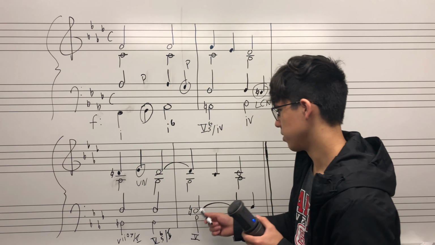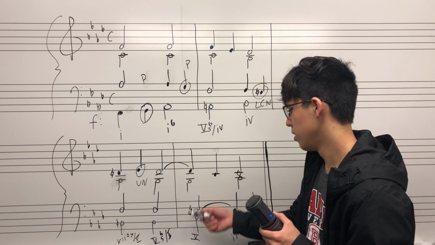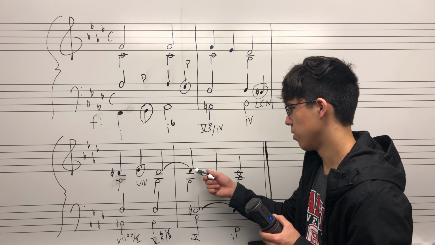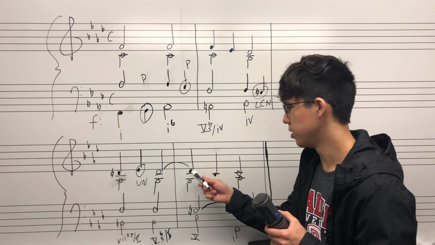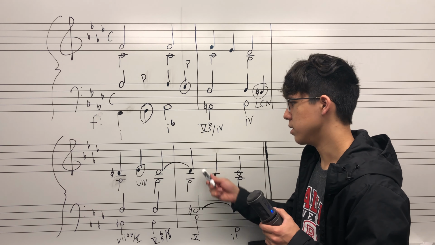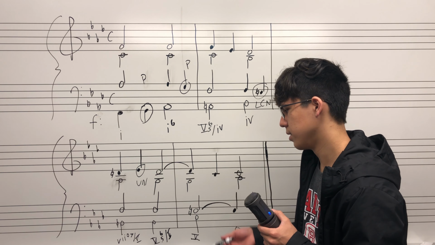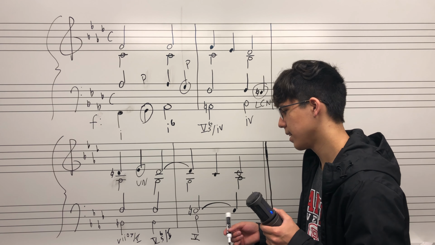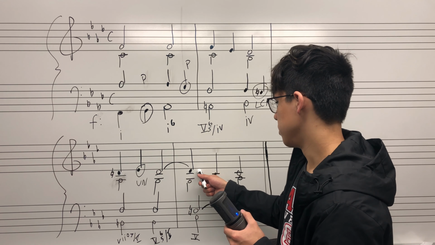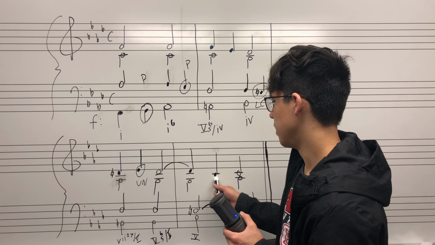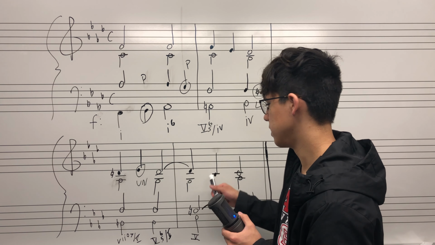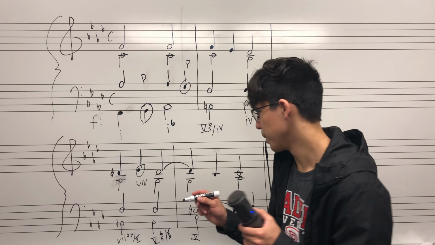So let's look at our bass note and look at our suspended note. So C up to D flat, that's a 9th, technically a minor 9th, resolves down to an octave. So a C to C is an octave, 9-8 is a suspension.